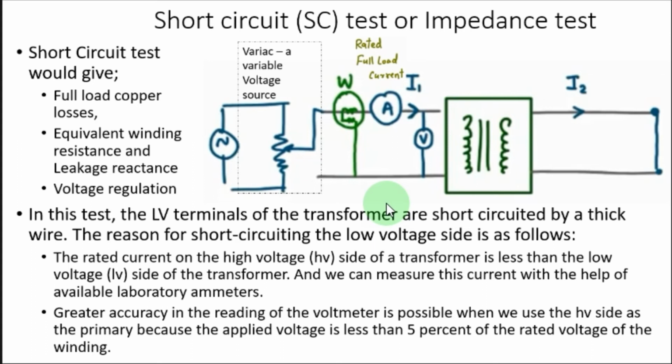If we use the low voltage side, the voltage is small and 5% will be very small, so it is difficult to measure accurately. But as we are using the high voltage side as the primary, the 5 to 8% is a significant value, so we can measure it accurately.